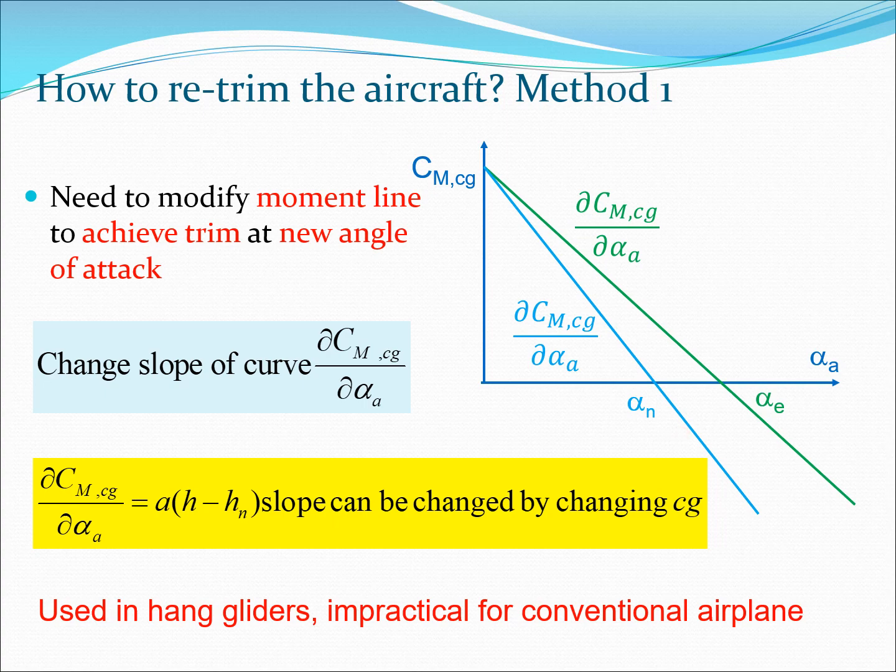Now this is of course difficult to do in a realistic aircraft type of situation, but this method is used in certain flight vehicle type of systems such as hang gliders. You could probably think of some drone conditions where this kind of thing could also be possible, but it's impractical to do for typical conventional airplanes.